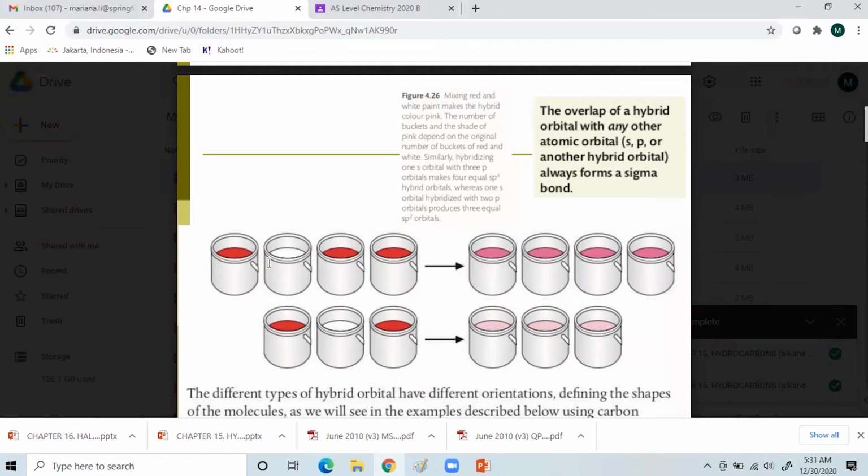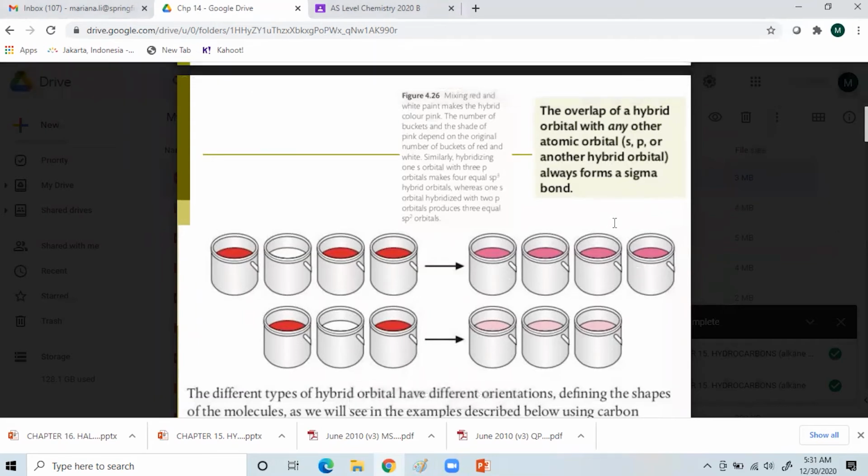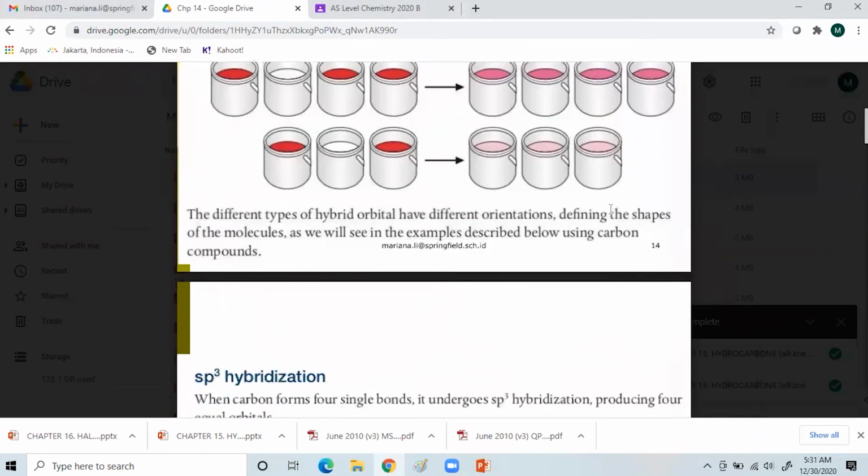If you have more red compared to white, the pink produced will be darker, and if you have less red, the pink will be lighter. Once again, the hybrid orbitals have some properties of the s orbital and some properties of the p orbitals, depending on how many orbitals combine together.